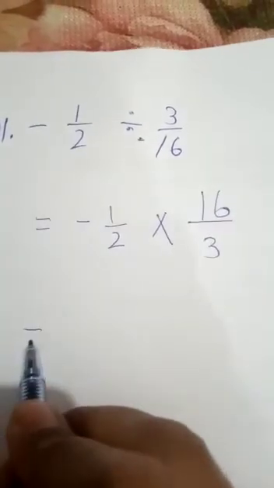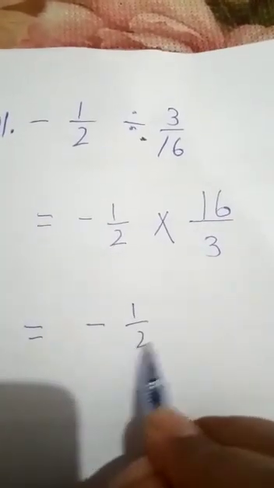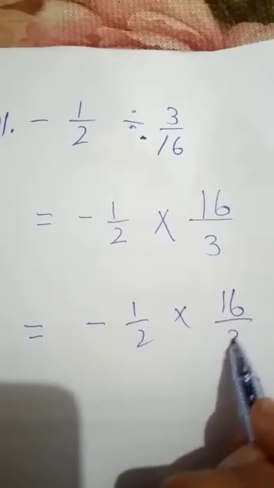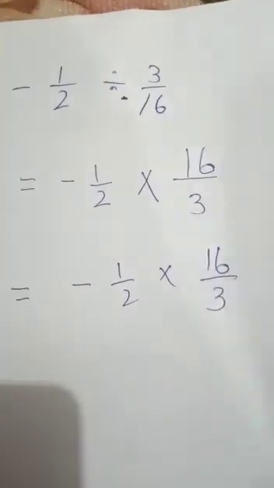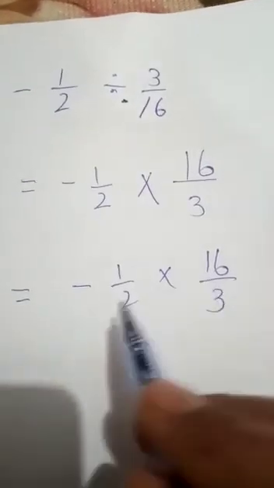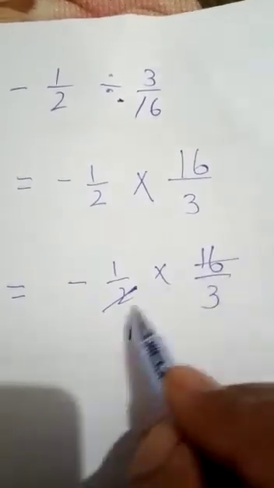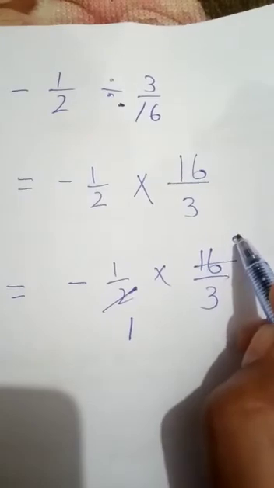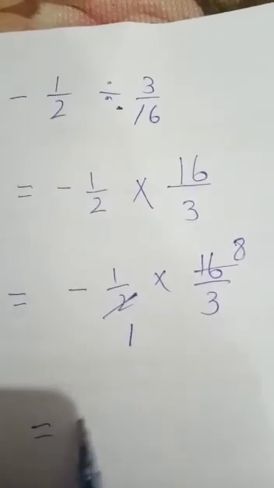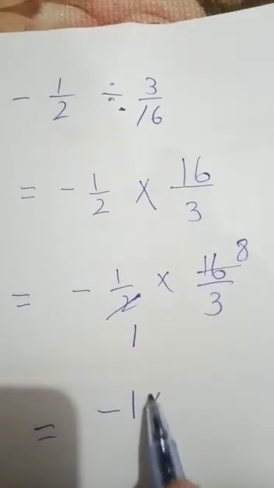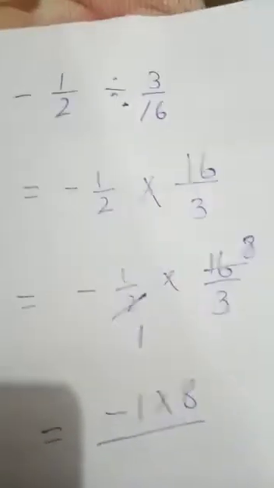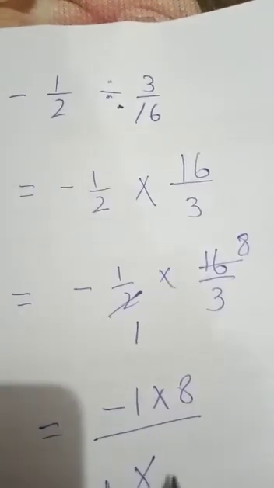Let's see. Now minus 1 by 2 multiplied by 16 by 3. Now up and down cutting is not possible, but in cross cutting is possible because both integers are present in the same table. 2 8s are 16. Let's see the leftover integers, minus 1 into 8 divided by 1 into 3.